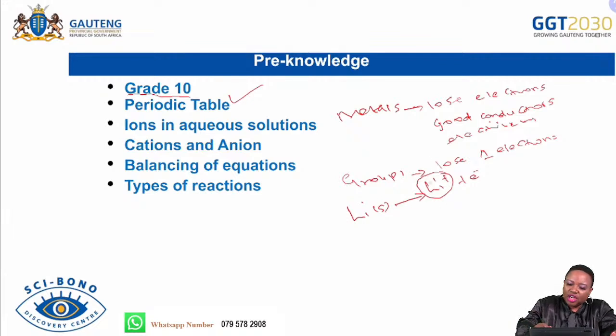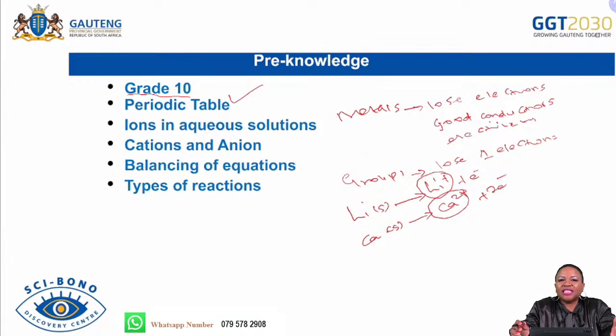So that is why its charge is +1. If you look at calcium, calcium is in group number 2 and it's also a metal. If it loses electrons, it is going to lose 2 electrons and form a calcium 2+ ion. Therefore, if you look at all these metals that I just referred to, you can see that as they lose electrons, they form positive ions.